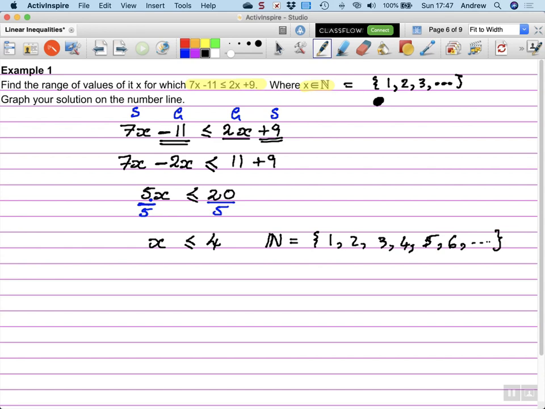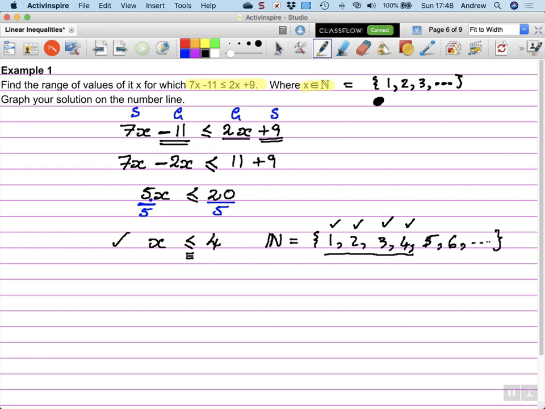Now what we have here is it says we're allowed in our solution set any value of x which is less than or equal to 4. 1 is less than or equal to 4, 2 is less than or equal to 4, 3 is less than or equal to 4, and 4 is less than or equal to 4, but it's equal to 4. So we've got our 4 numbers. Now, we found the range. That's finding the range of values of x.